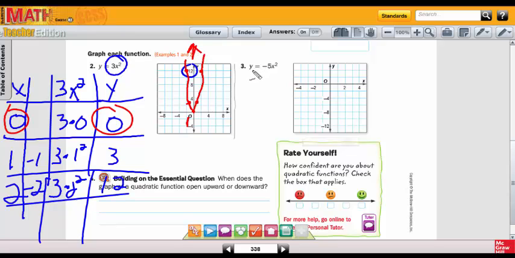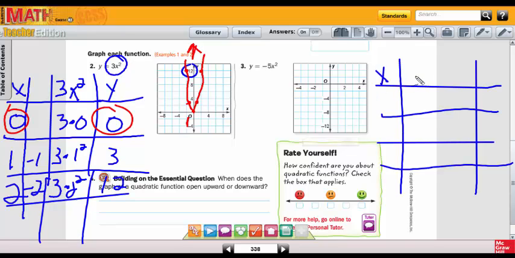Now we can do the same thing with number 3, create an input-output table. We would have x, here we would have -5 times our x squared, and we'd have an output of y. So if we put in 0, I'm just going to draw an arrow here, -5 times 0 squared is going to be 0.